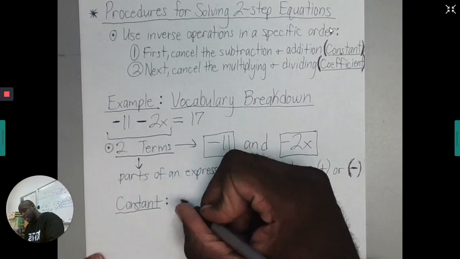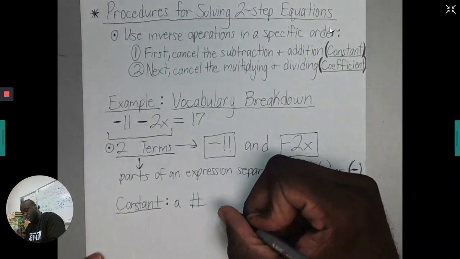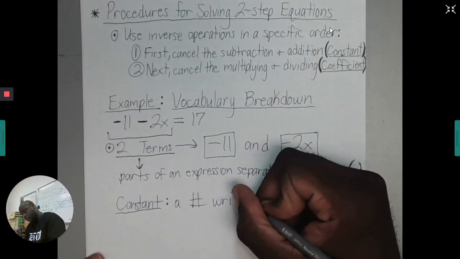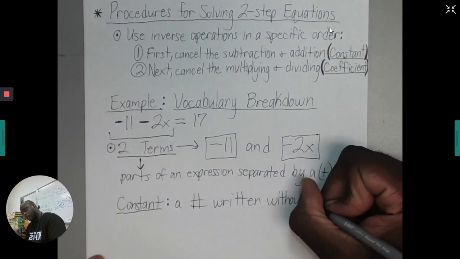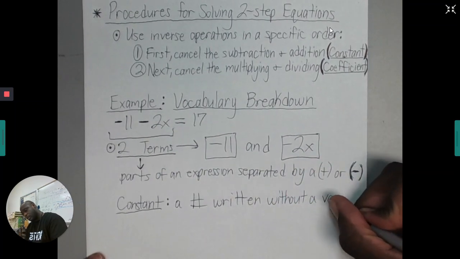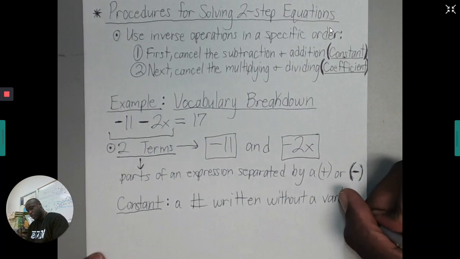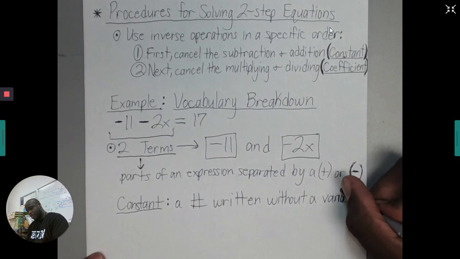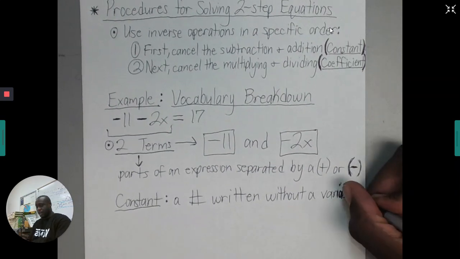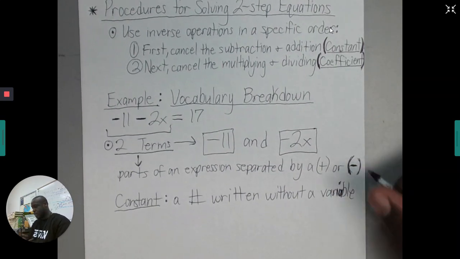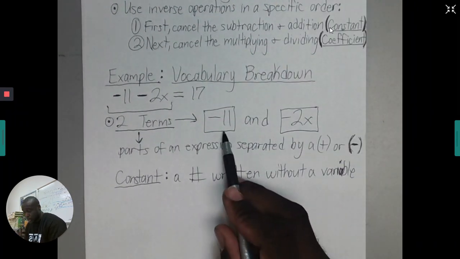A constant is a number written without a variable. So again, negative 11 is our constant term.